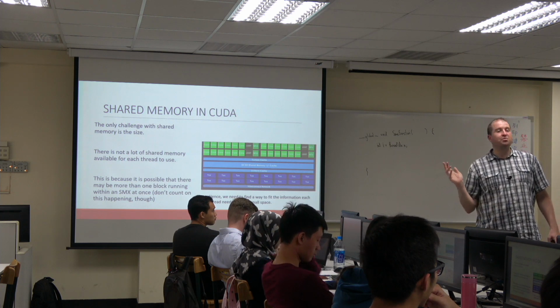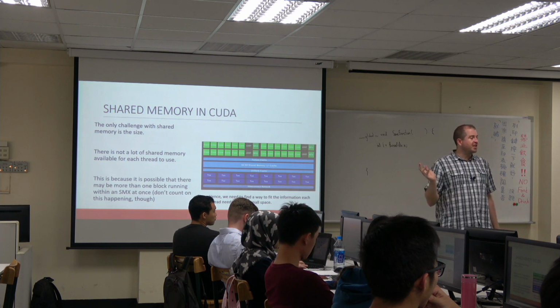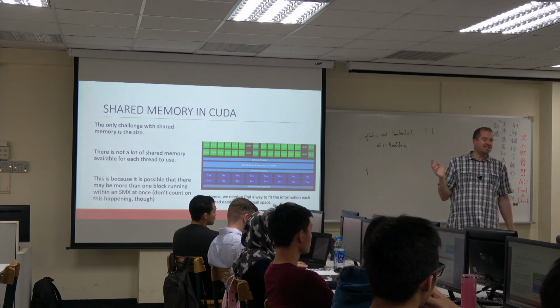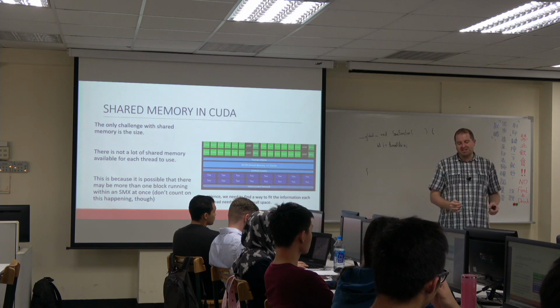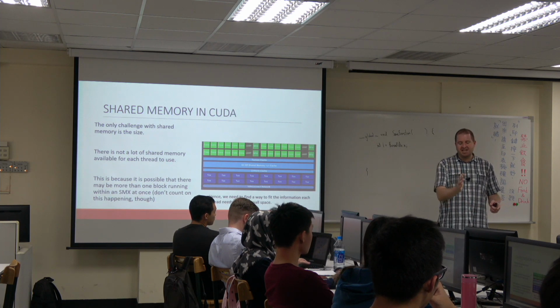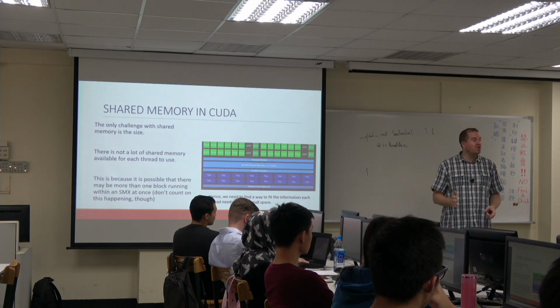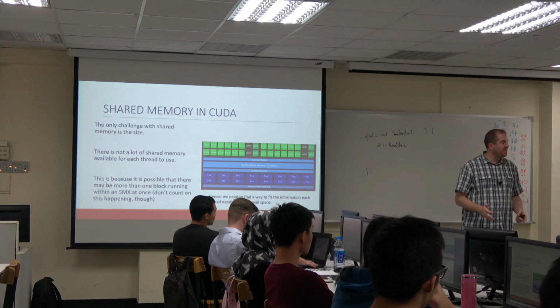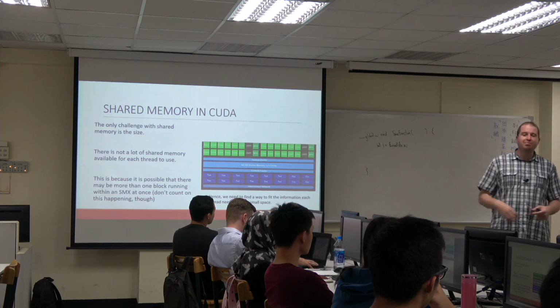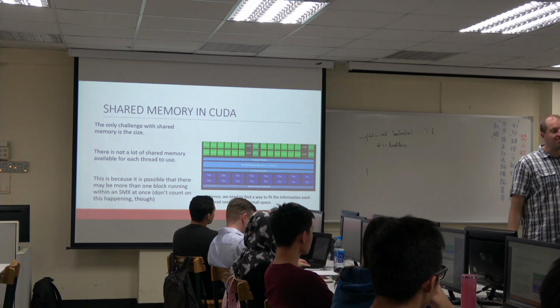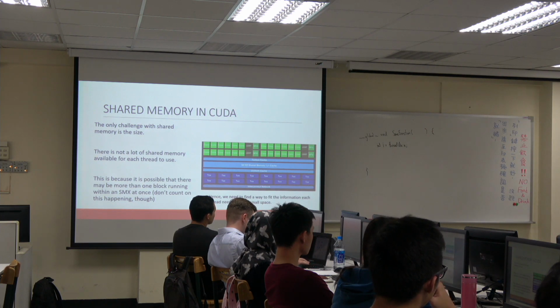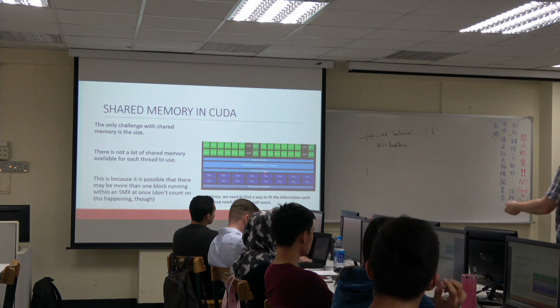That may not be true. The GPU scheduling hardware may decide that this SM, having 600 something cores and being really powerful, can manage more than one block of threads at the same time. And so it will schedule more than one block of threads to run on that SM at the same time, which means that we now have 2 blocks of threads sharing this 64 KB of shared memory.